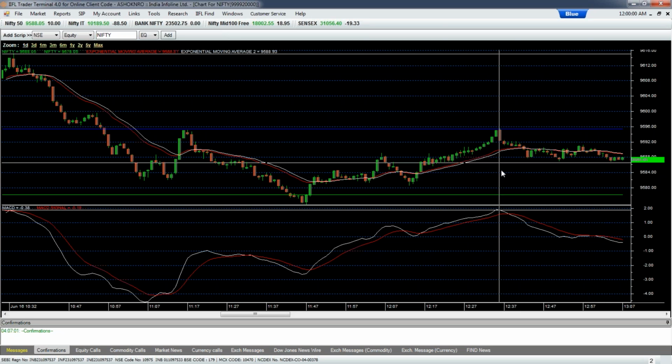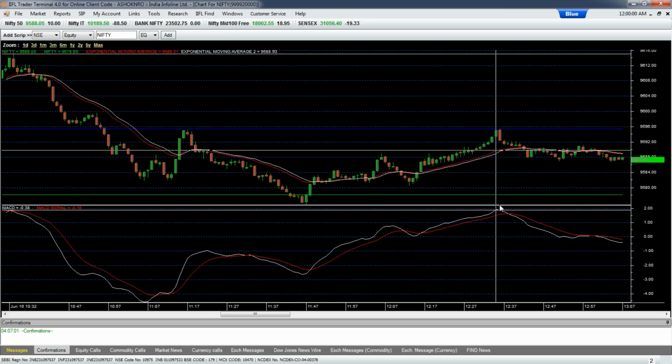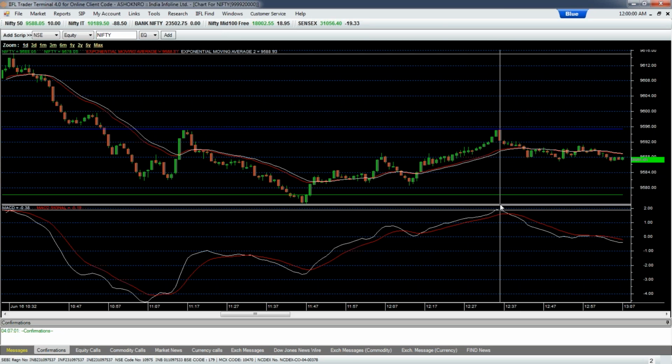And when the market is going up, making highs, and MACD is making lows, it means that the current trend, whether it is a bull trend or a bear trend, when it is making higher highs and MACD is making lower lows, it means that the trend is changing.